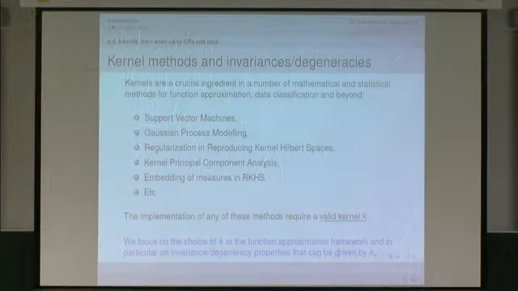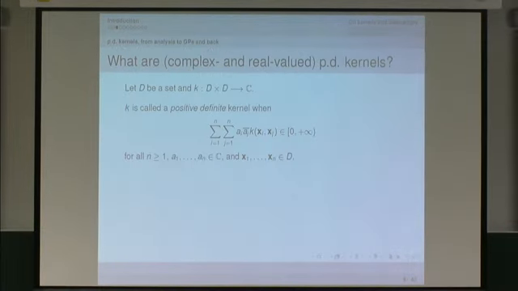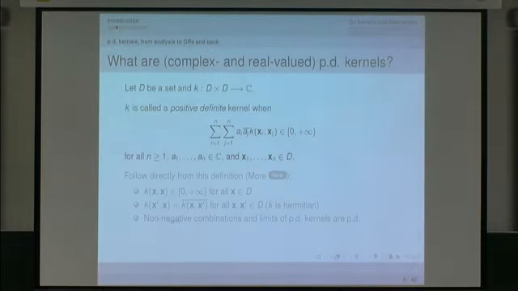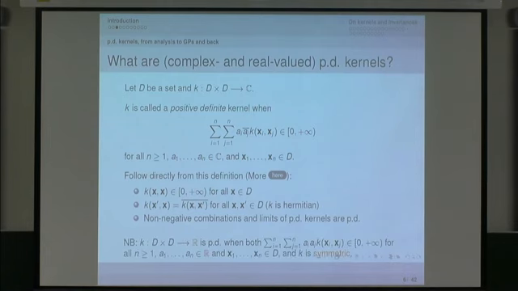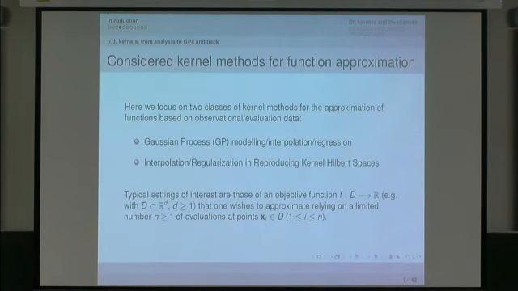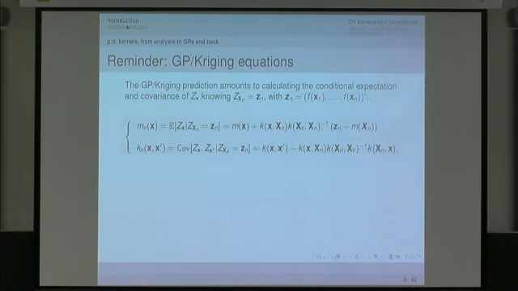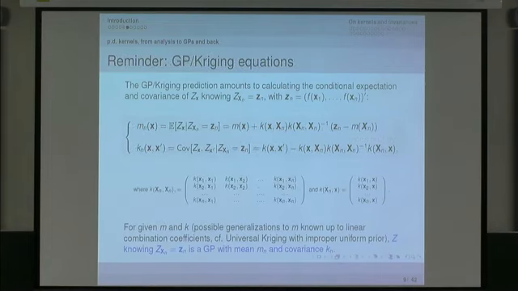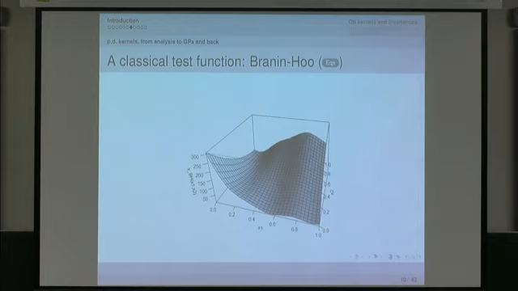So this is the general introduction, definition of a complex valued positive definite kernel, and then just what we just said on the blackboard, the equations. And now I'm just illustrating that if you take a deterministic function, and this is a very classical test case, especially in optimization, you assume that you know this function at 9 points, and now you want to use these tools to surrogate the function.